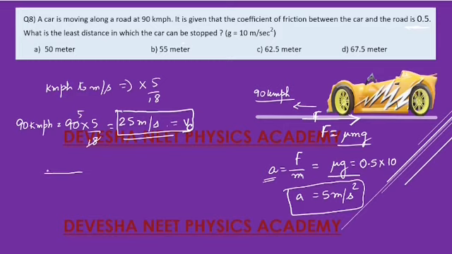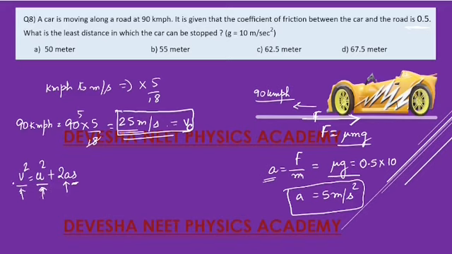Coming to the basic formula, v square is equal to u square plus 2as. In this case, I just need to find the distance. We already know a, and we know the final velocity v, because the car has to stop, so the final velocity will be 0. The initial velocity, the current velocity of the car, is given to be 25.